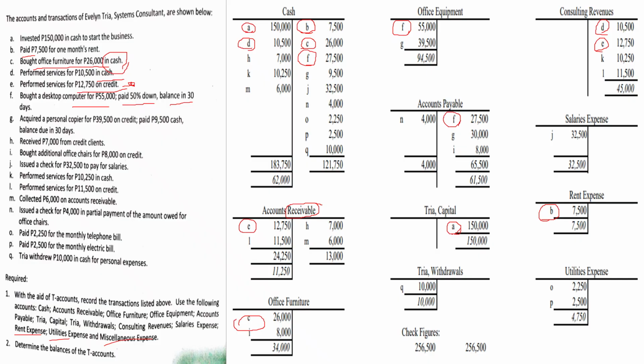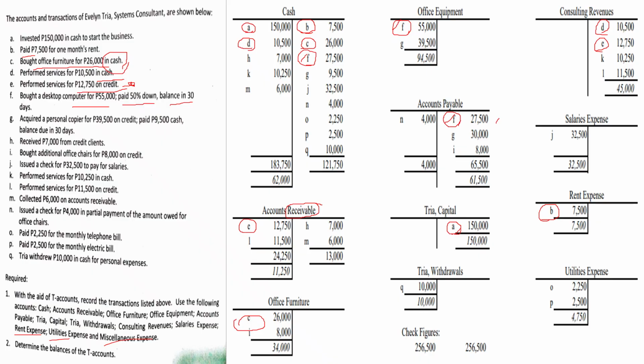Take note in this case, we have one debit and two credits. We have letter F debit of 55,000 and we have two letter F credits of 27,500 each. But still, we have the same 55,000 for the debit and 55,000 total for the credit, right? For letter F transaction.